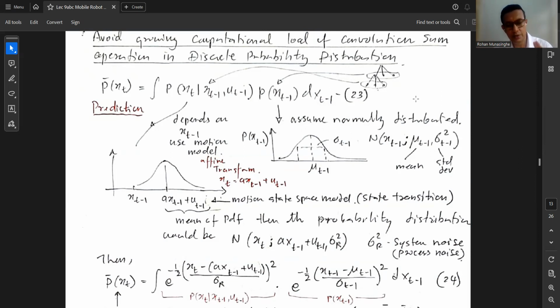This is very much analogous to the histogram filter. Remember the tree structure going down, spreading all over. For each branch, you have to calculate, multiply, add, multiply, add, multiply, add. This is what you're doing here. You can see the multiplication of two probabilities, and then add means the integration. The difference is now it is not a histogram, it is a continuous distribution function, so that integration is easy.